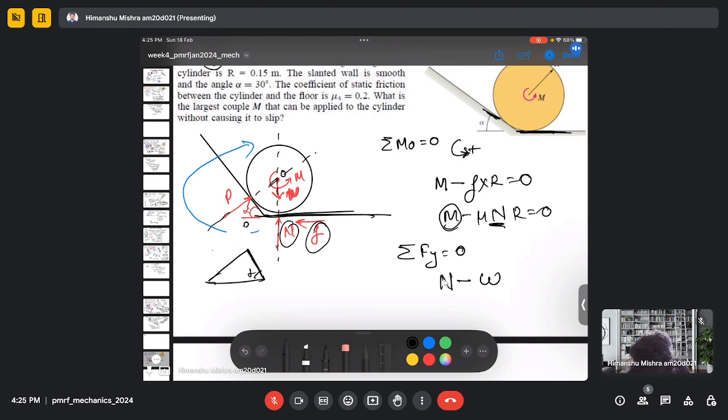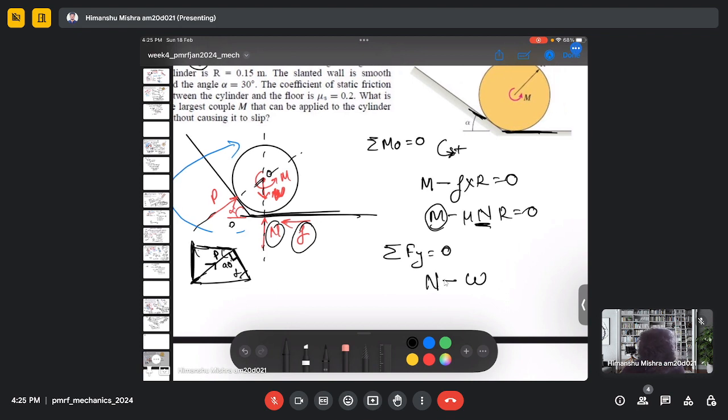This is alpha, this is 90, and this is P, and in the vertical direction we will have P cos alpha, and here we will have P sin alpha.